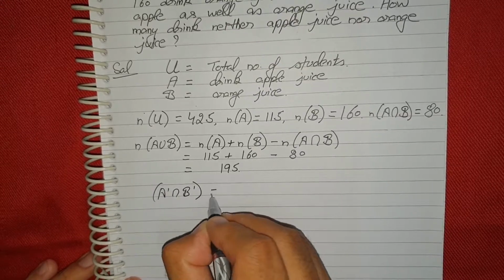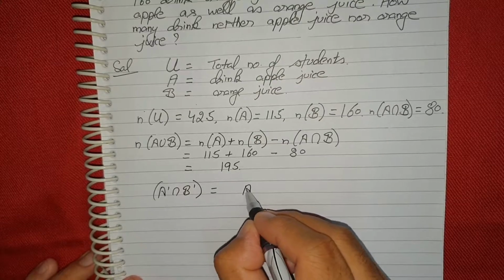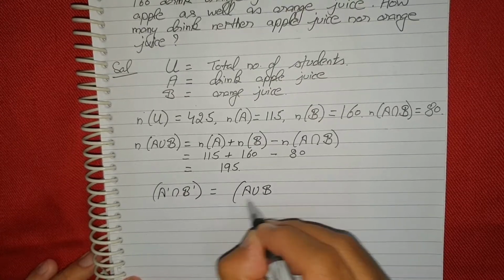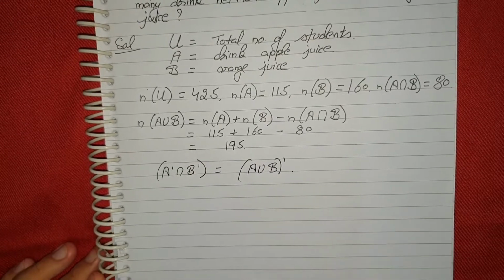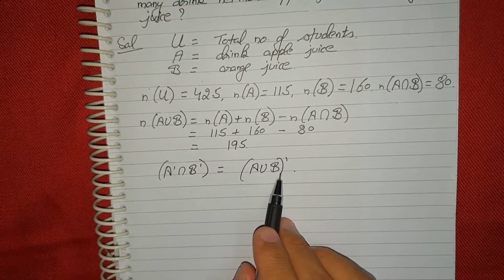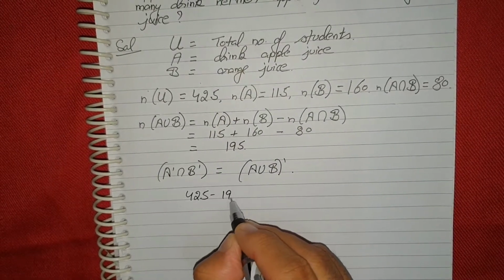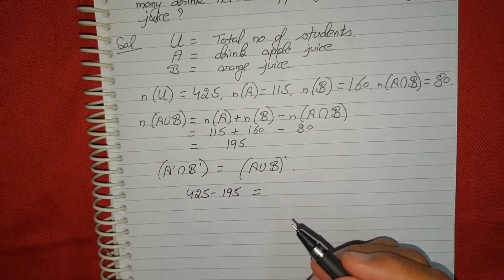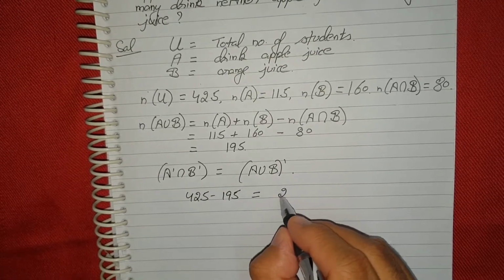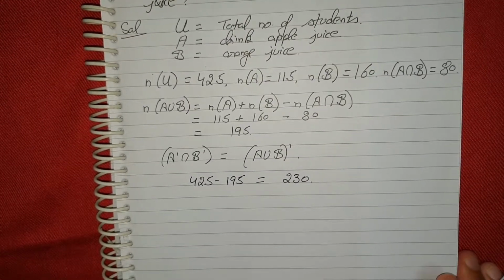Okay. So now according to De Morgan's law, this is A union B whole dash. Now A union B whole dash means what? You find A union B, remove it from the total. So means 425 minus 195. This will give you 230. So 230 are the number of people who neither drink apple nor orange juice.